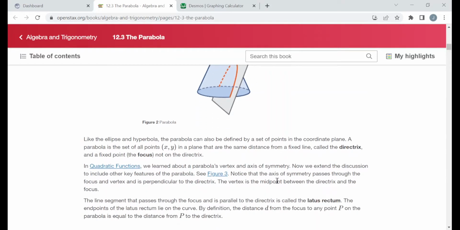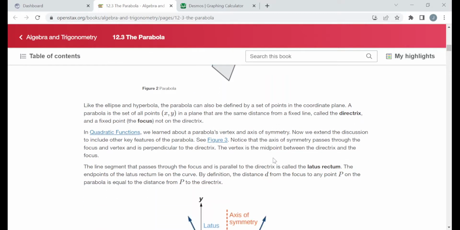There are some special things about parabolas that we're going to be learning about: a special point called the focus, a special line that we'll have to determine called the directrix, and a special segment we'll have to determine called the latus rectum.